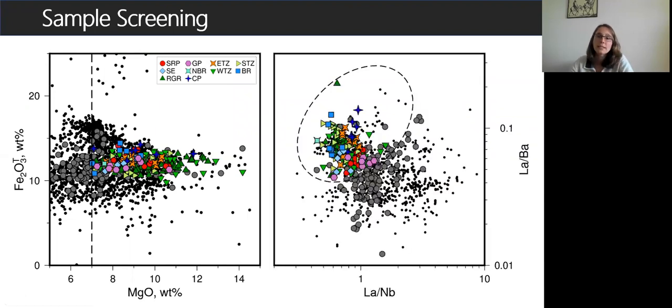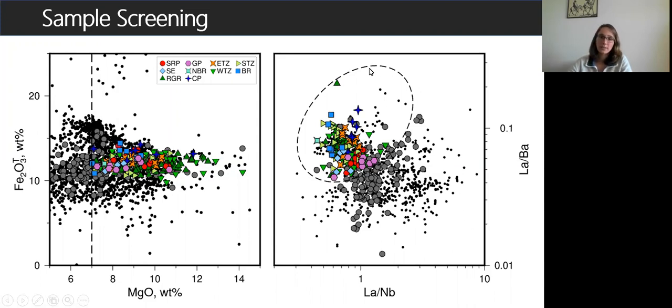The second screening step is to do with lithospheric or subduction-related contamination. So I'm plotting lanthanum over barium against lanthanum over niobium. Barium is a highly fluid mobile element, so that's very enriched in subduction-related fluids and melts. Niobium is not. So any subduction melt you'd expect to see in the bottom right corner of this plot.